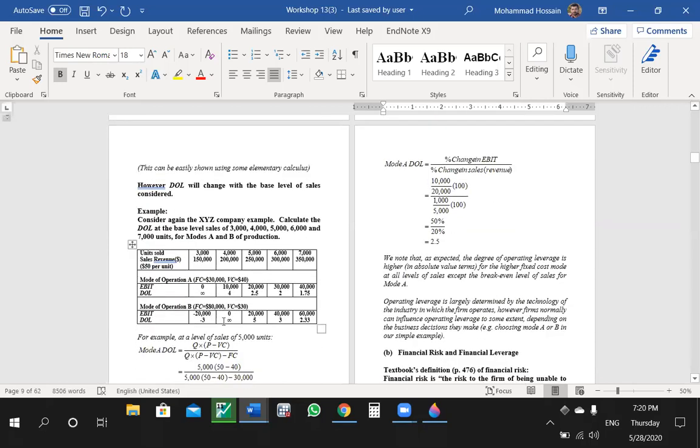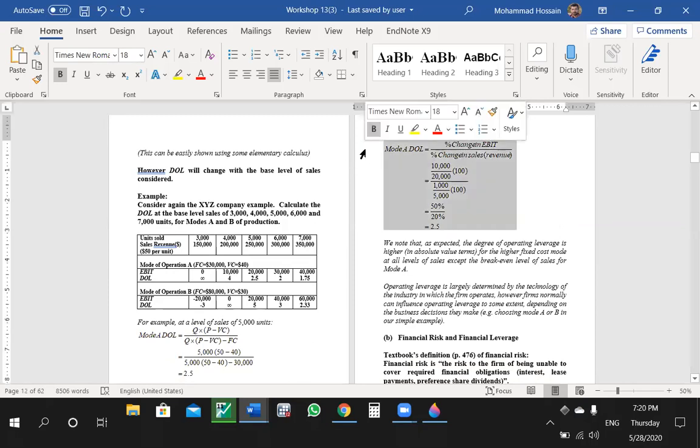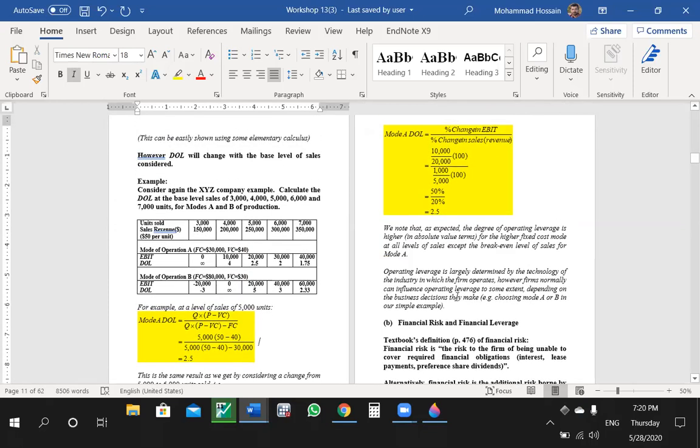So they showed you an example with percentage change in DOL and percentage change in EBIT. They showed the same problem using two different equations, and they got the same answers.